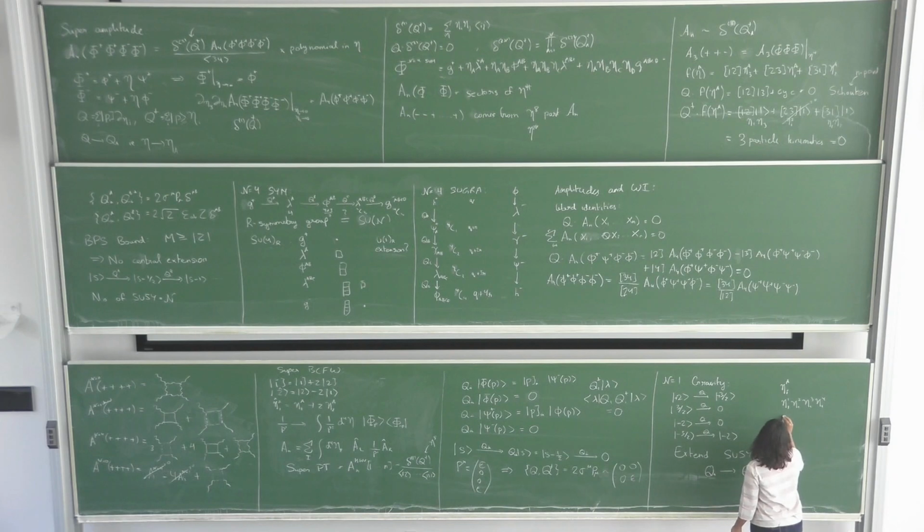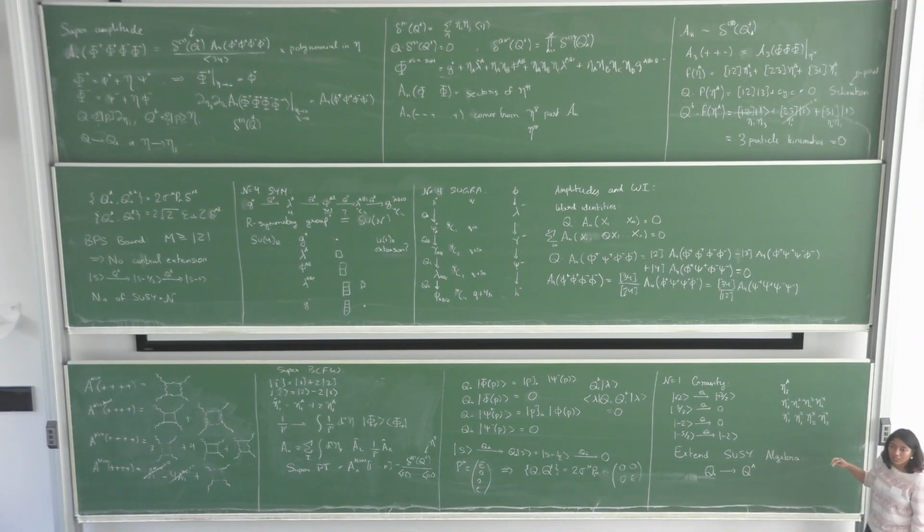But if you want, for example, 2 scalars, then you would have something more like this, where you're projecting out a different eta to the 4th part of your amplitude. So depending on which particle you want in which position, your component amplitude will be a different eta sector in this way. Yeah.